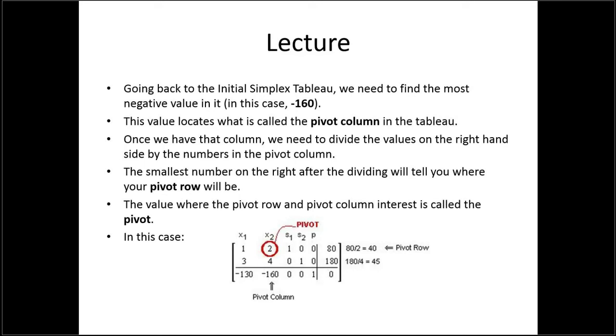So you divide the first row by 2, the second row by 4, and once you divide out, whatever the smallest number on the right is, in this case 40, that will tell you where the pivot row is. The intersection of the pivot row and pivot column tells you where the pivot is.